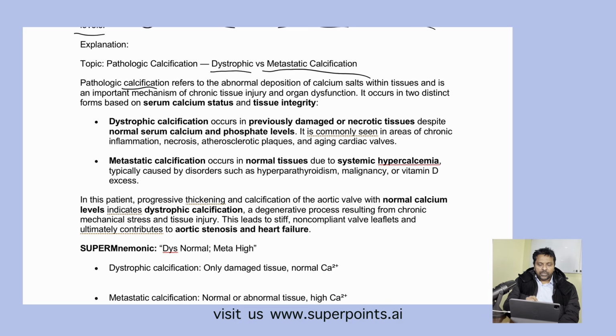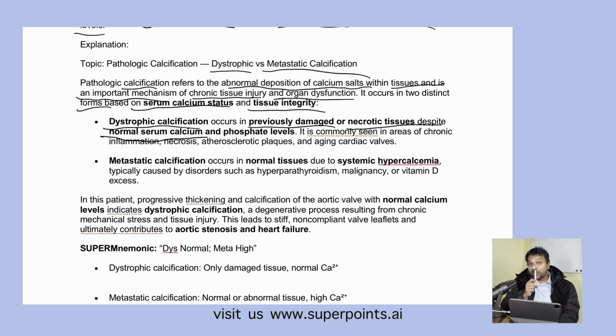Pathologic calcification refers to the abnormal deposition of calcium salts within tissues and is an important mechanism of chronic tissue injury and organ dysfunction. It occurs in two distinct forms based on serum calcium status and tissue integrity. Dystrophic calcification occurs in previously damaged or necrotic tissues despite normal serum calcium.